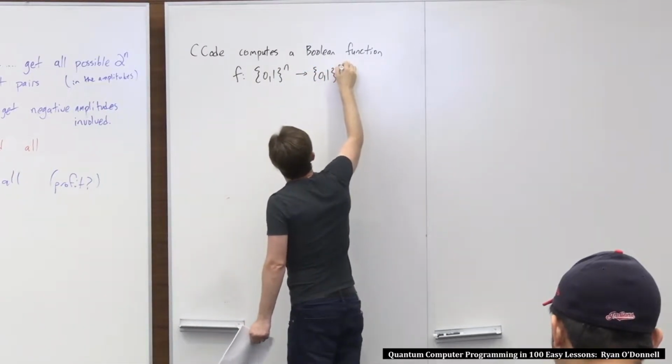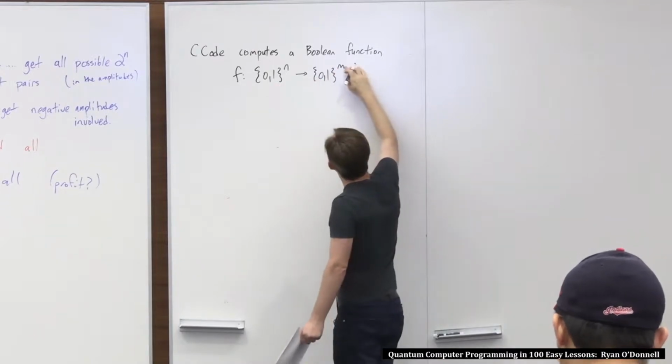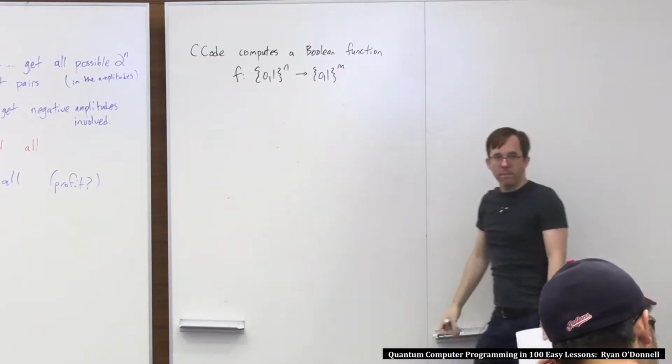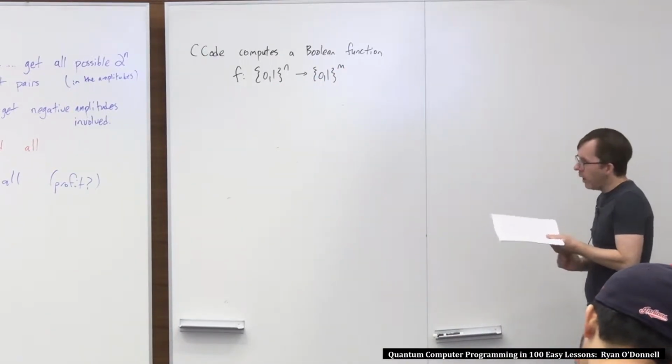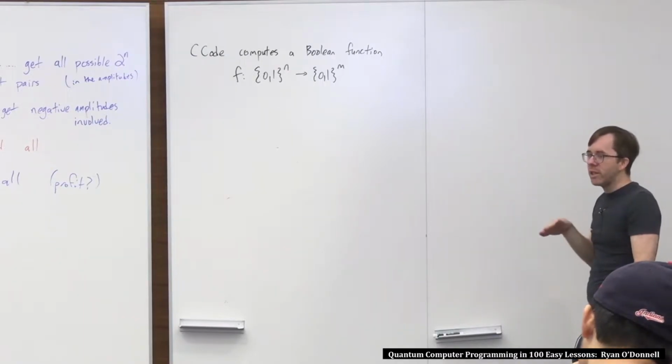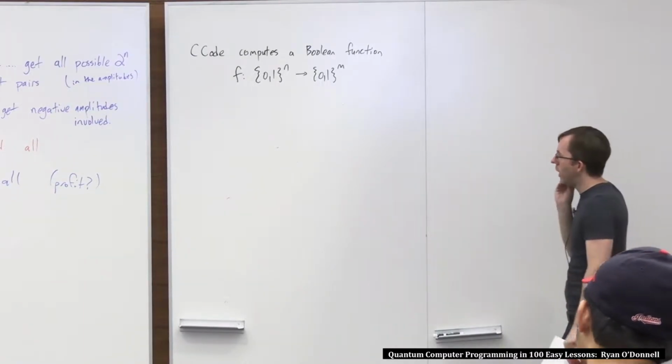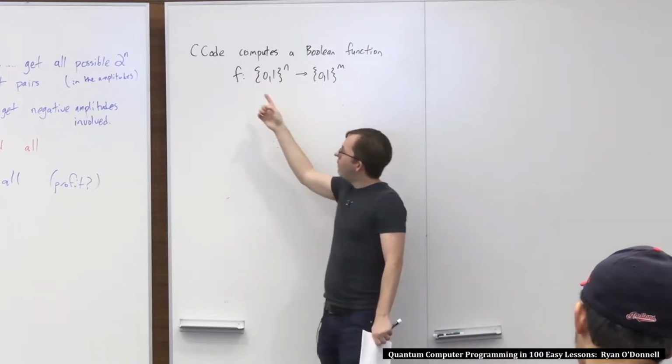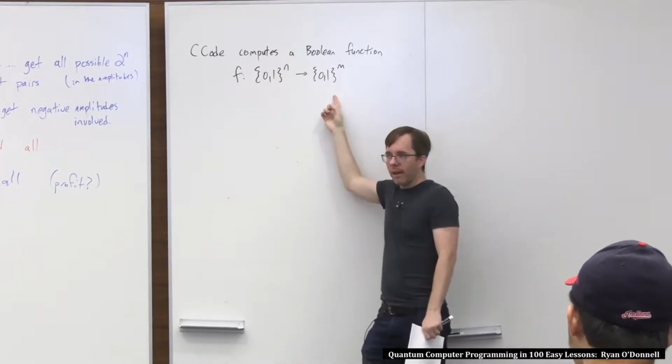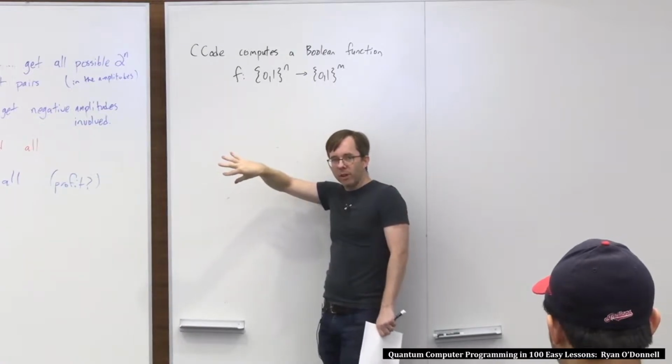The input is all possible n-bit strings, and the outputs are all possible m-bit strings. For the purposes of today's discussion, I really want to make a careful distinction between the function that's being computed and the code that's implementing that function.